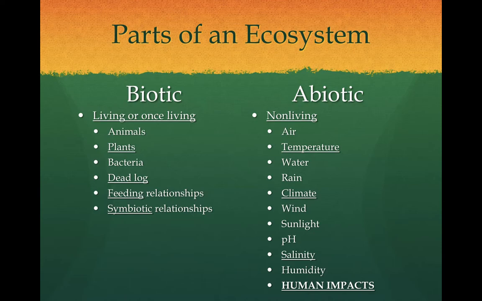The reason why I keep talking about those two factors is a lot of students think, okay, well, if it's a branch on the ground, then that means it's abiotic because a branch isn't alive. But it's part of a living thing and it was once alive, so we leave it in that category as biotic. Bacteria, those are actually living things, and they're very important because they play such a crucial role as decomposers.